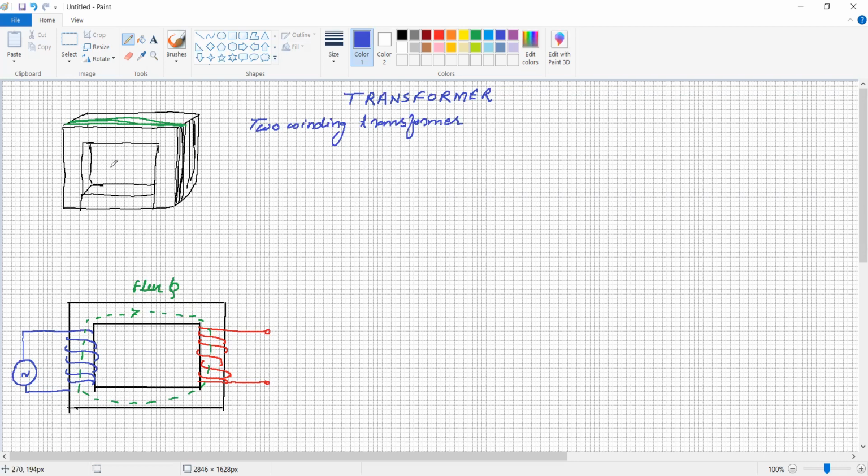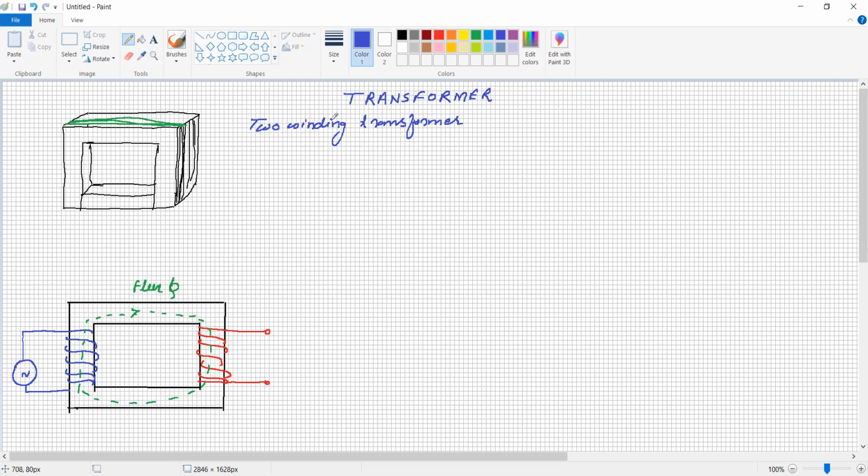The advantage is that in a shell type transformer the leakage flux is smaller. But for our understanding and for the working operation of the transformer, we will consider a core type transformer, where one winding is placed on one limb and the second winding on the second limb.